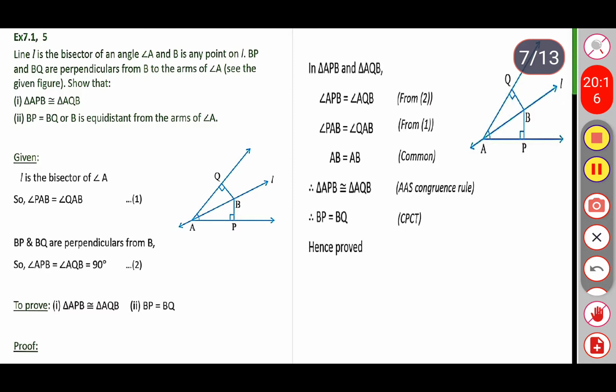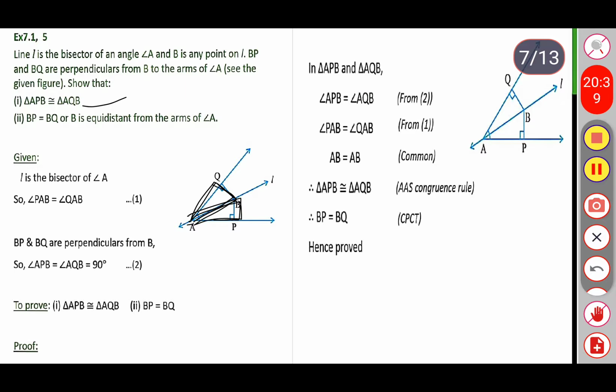Show that first, triangle APB is congruent to triangle AQB. You need to prove that these two triangles are congruent.